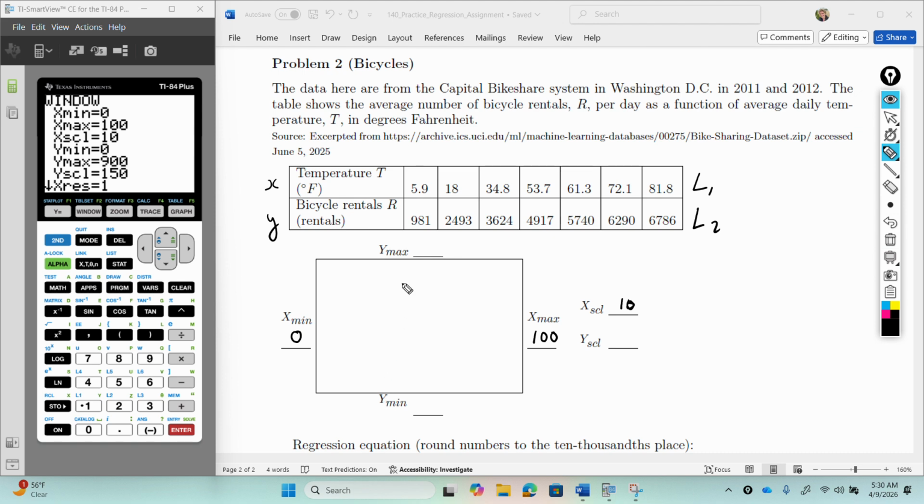Then for my Y min and Y max, I might take this from 900 to 7,000. Nice round numbers. I'm not going to take it from 981 to 6786. So let me enter those in.